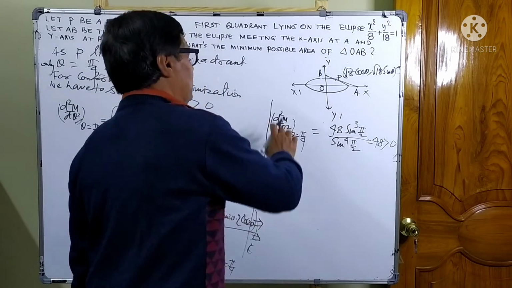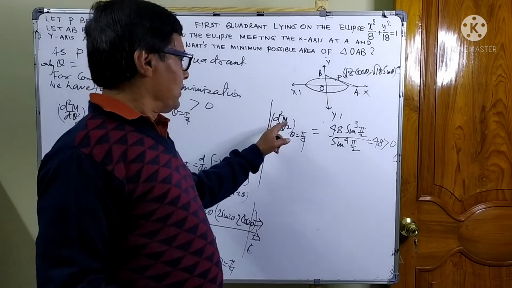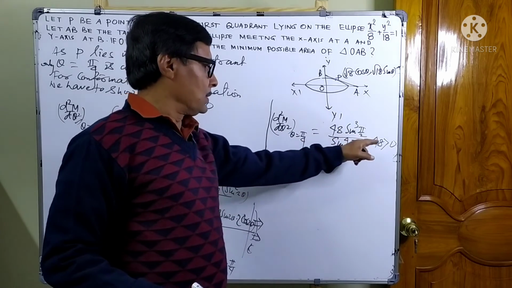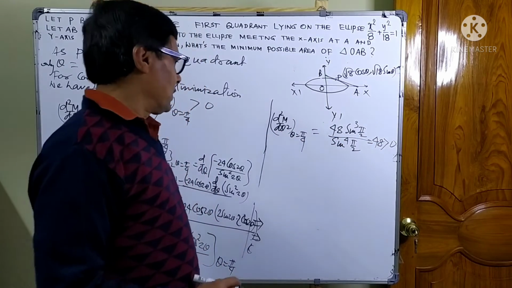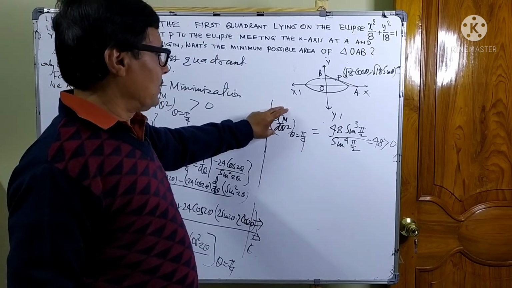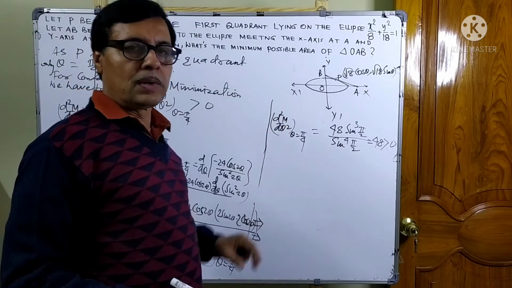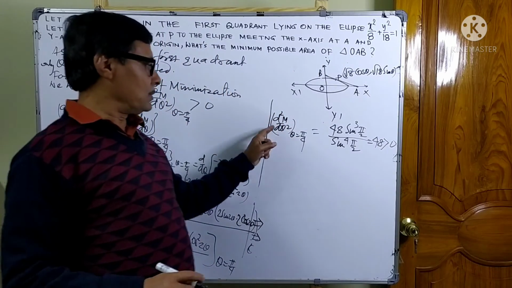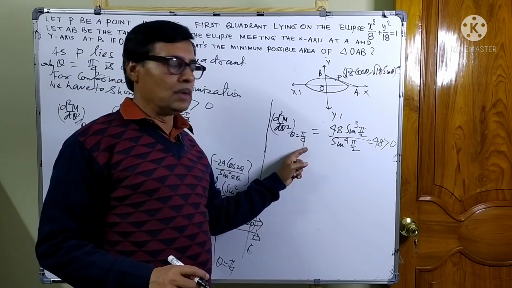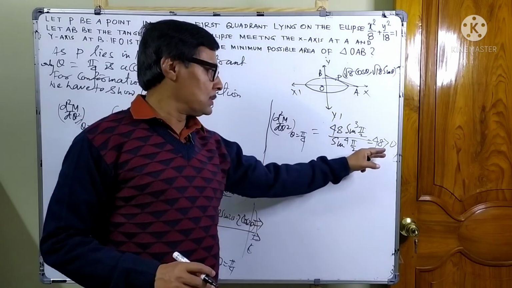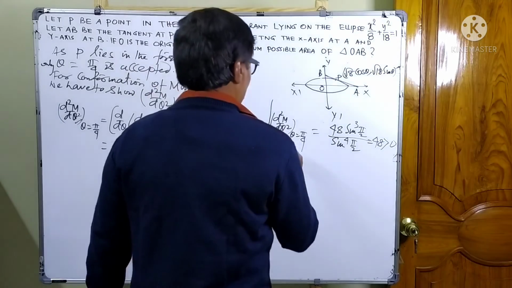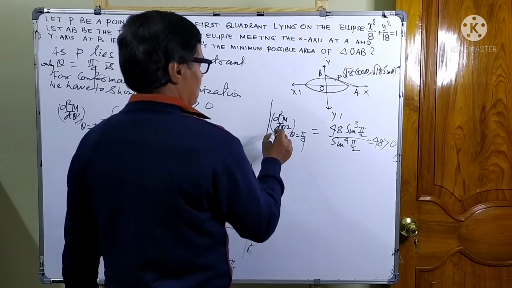So, we have got the value of d2m d theta 2 at theta equal to pi by 4 as positive. That is, the second order derivative of the quantity m with respect to theta at theta equal to pi by 4 is strictly positive, that is greater than 0. So, the minimization is confirmed.